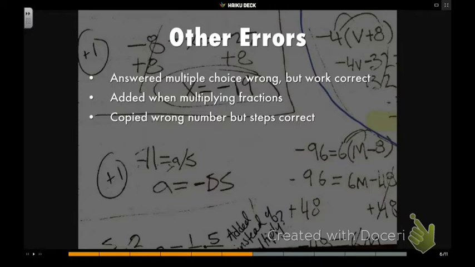But they actually performed the work correctly even though they got the multiple choice wrong. Another error was that a student, when he was working with the reciprocals to solve the equation, rather than multiplying, he added the fractions. So he and I will go over that individually. And then one student simply copied the problem wrong onto her paper, but she did all the steps correctly, so that really was not an error.